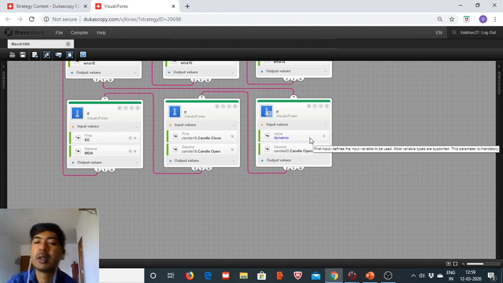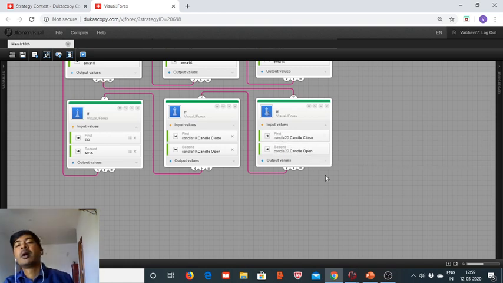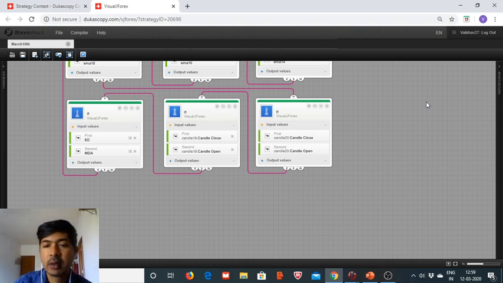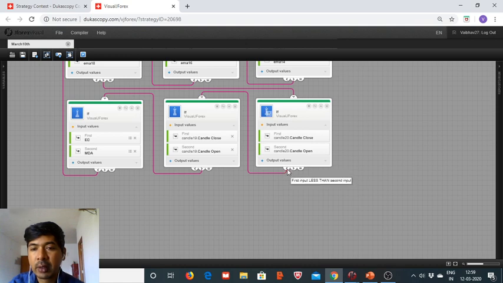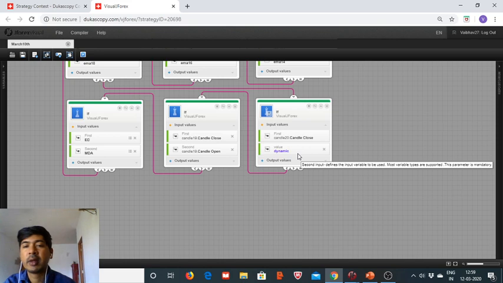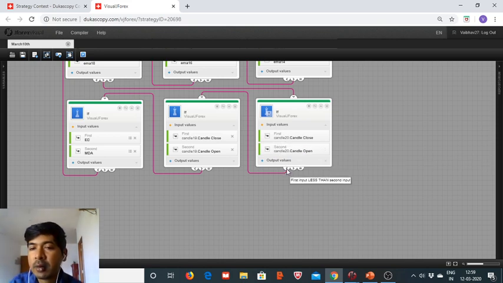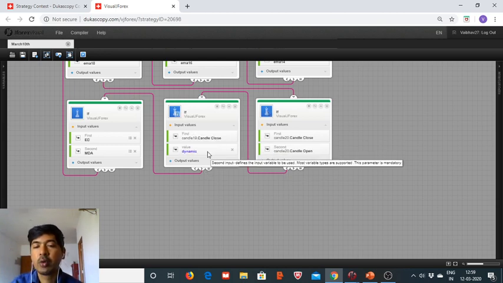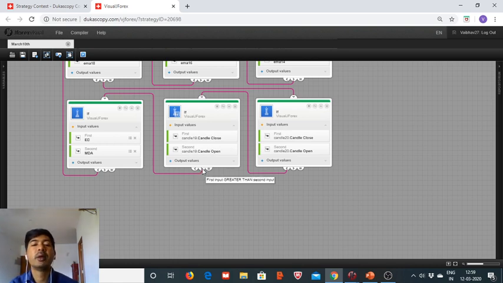this candle 20 I think is shift 2, means 2 hours back. So it will make sure that candle close is below the candle open. That means that candle would have closed in red, and the next candle close is above the candle open, means it has closed in green.